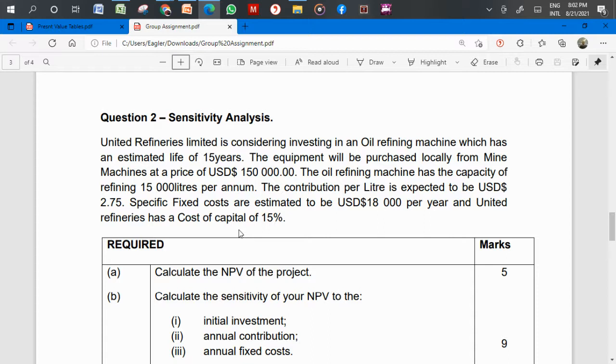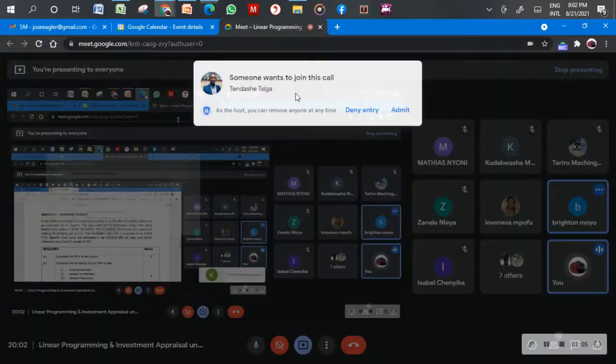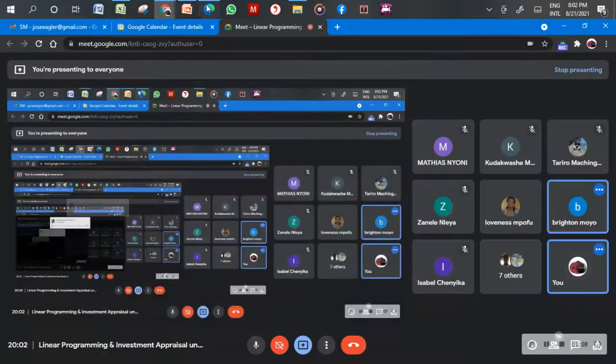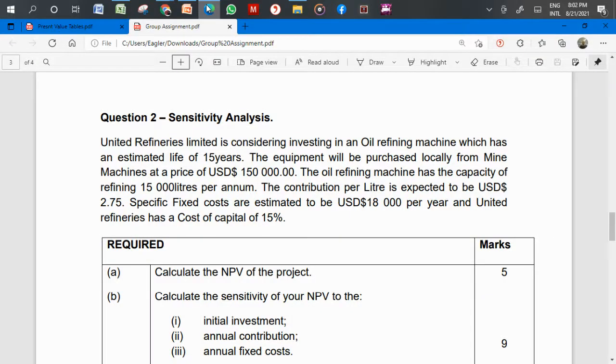United Refineries Limited is considering investing in an oil refining machine which has an estimated life of 15 years. The equipment will be purchased locally from mine machines at a price of 150.